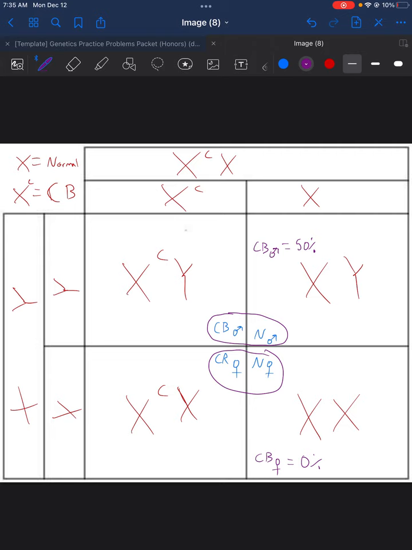That's one trait. However, if you want to track your true blood type, you also need positive and negative. That is a completely different second allele. If you want to track both of those, you need a Punnett square that will be able to track both of those.